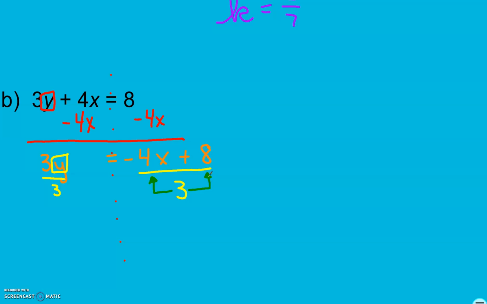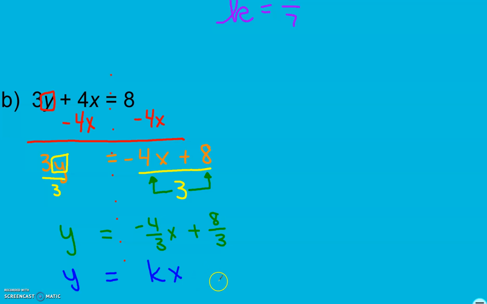And we get y equals negative 4 over 3x plus 8 over 3. We divide that entire side, and remember, division bar is a grouping symbol for division. So we can take the 3 to the negative 4 and to the 8, and since it started as division, it stays as division.